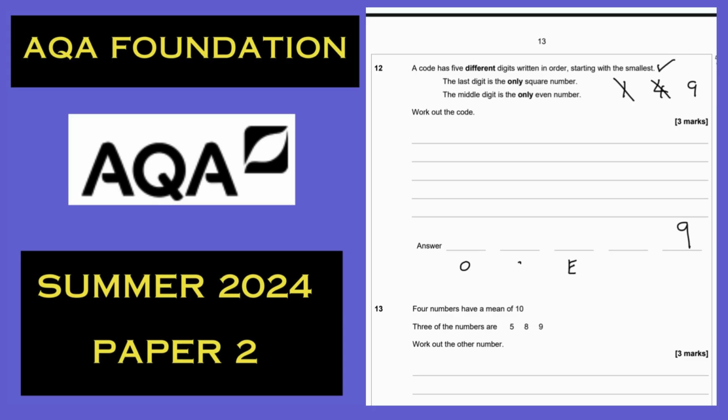These others must all be odd, and they can only be in order, and this cannot be 4. So it could be a 2, but no, it can't, because there's no way that can be in there. What are the other options? Well, it can't be 2, it can't be 4.